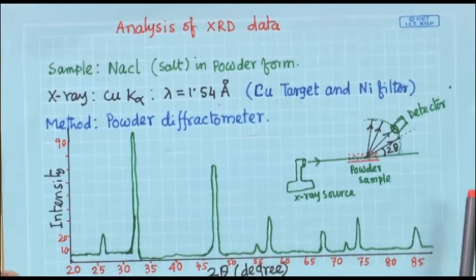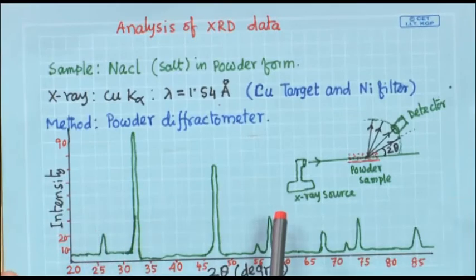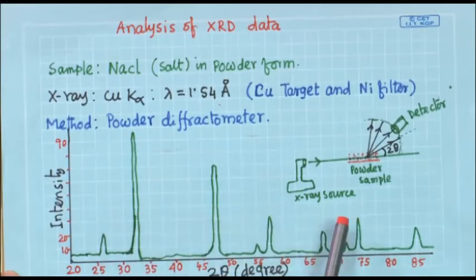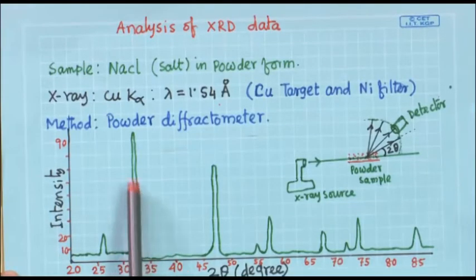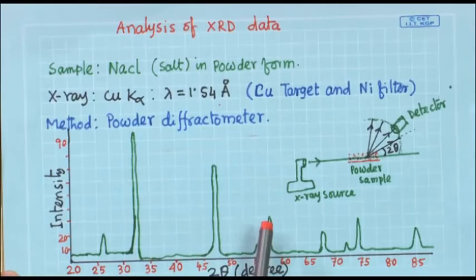From this data, what you are seeing is a number of peaks called Bragg peaks, and the different peaks have different intensity. They are also not very sharp peaks, but have a width.